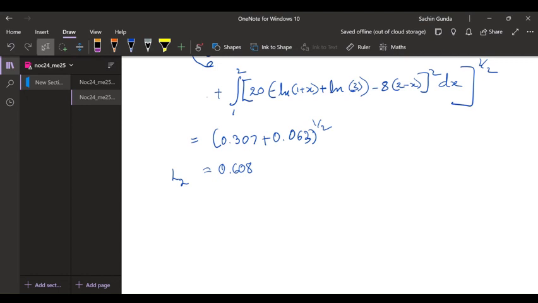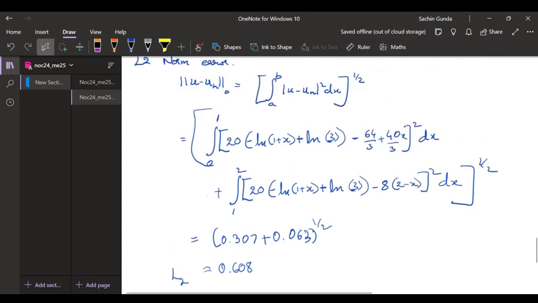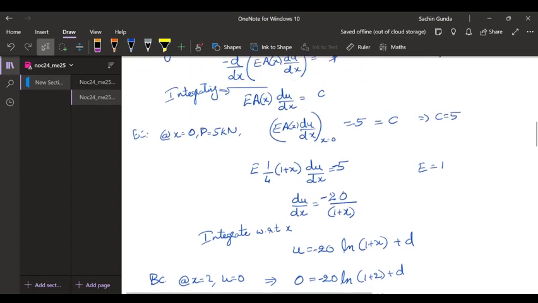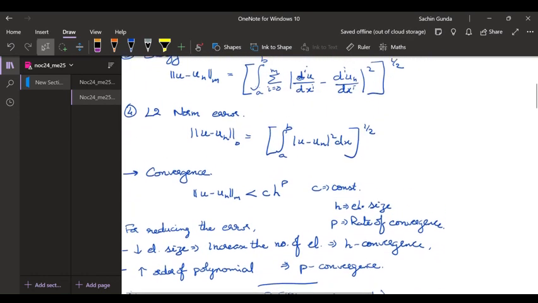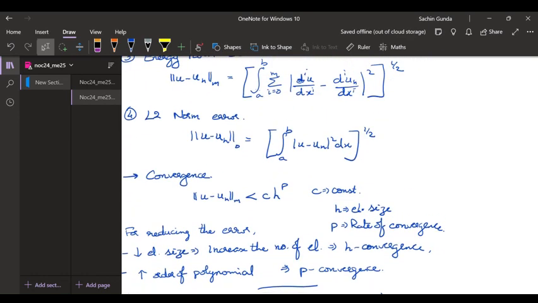But if the error is higher than the tolerance, then we cannot accept the solution. We need to do the convergence study, so we need to make the solution converge. In order to do that, we have two ways: either reduce the element size or increase the order of the polynomial.